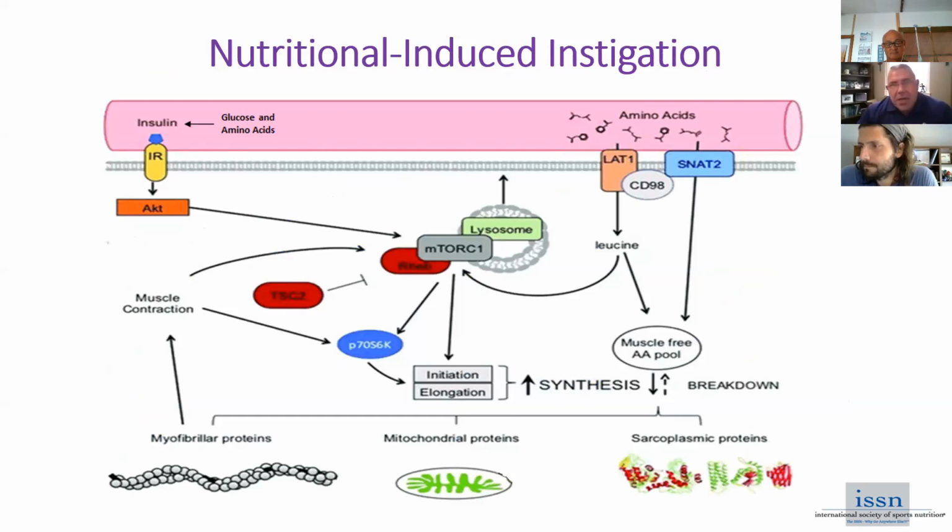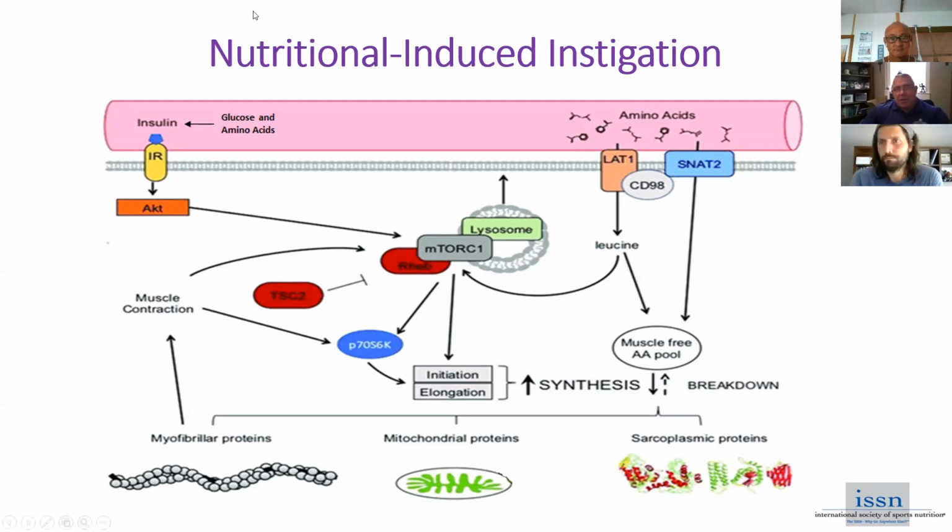So if we talk about nutritional induced instigation, of course, this is something that is within the International Society of Sports Nutrition. Not that we don't hold these other components near and dear to our heart, but we certainly do within the ISSN, because this is something that we know we can potentially manipulate through our nutritional strategy. And so we know that both glucose and amino acids can generate an insulin response, obviously glucose, but some amino acids, leucine and some of the other essential amino acids, are insulin secretagogues.